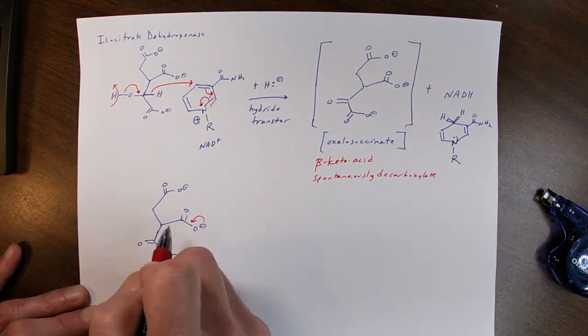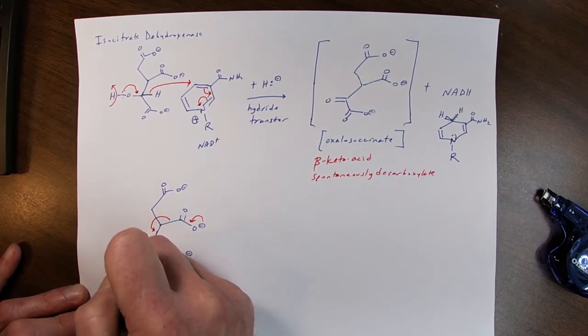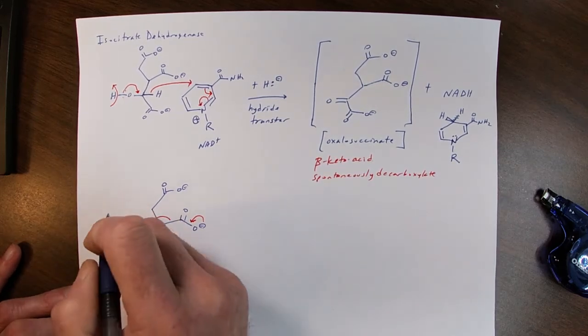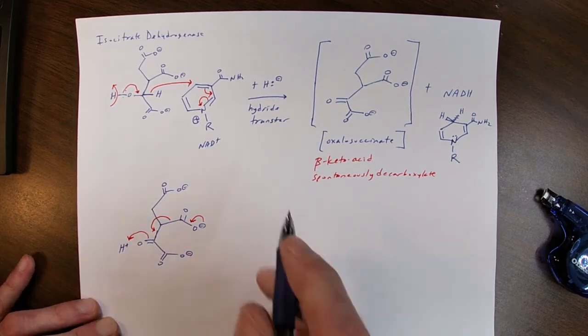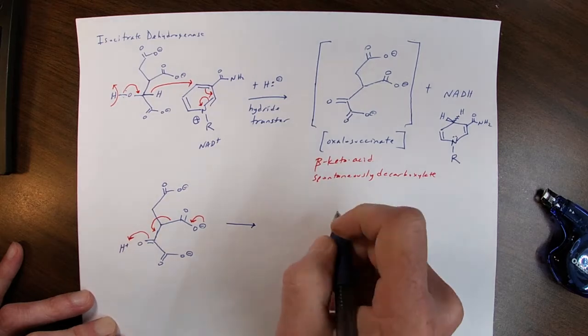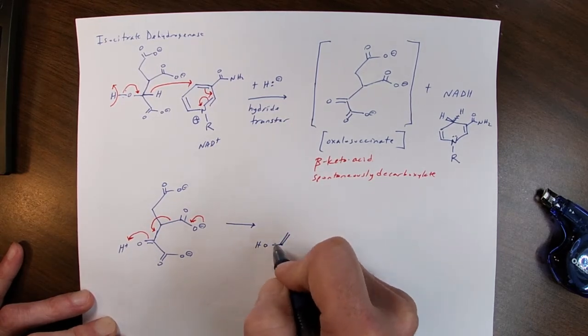Okay, and just like we did in our examples a moment ago, we're going to make an enol. So here's where I'm going to pick up a proton. Okay, so I have a proton that I pick up, and this is going to make, again, my carbon dioxide. Here is my enol.